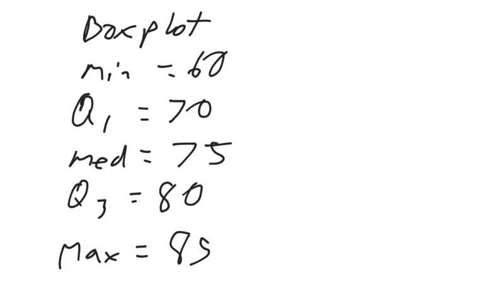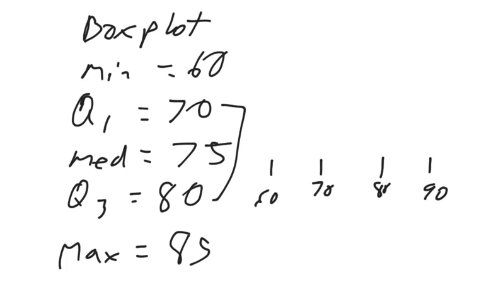So we're going to make a box plot, and I've put some numbers from a 5-number summary up here. This is 60, 70, 80, and 90, just so we have our scale. What we're going to do is make a box from 70 to 80. This is Q1, and this is Q3.